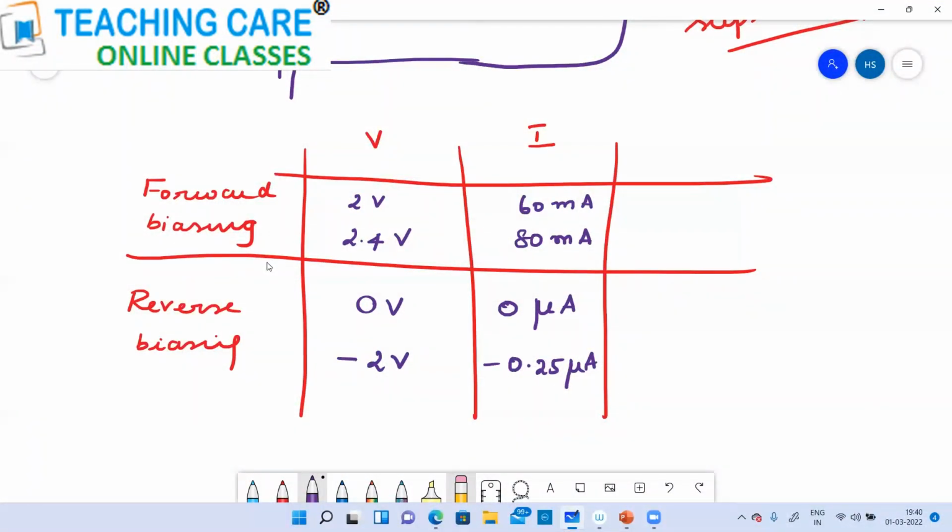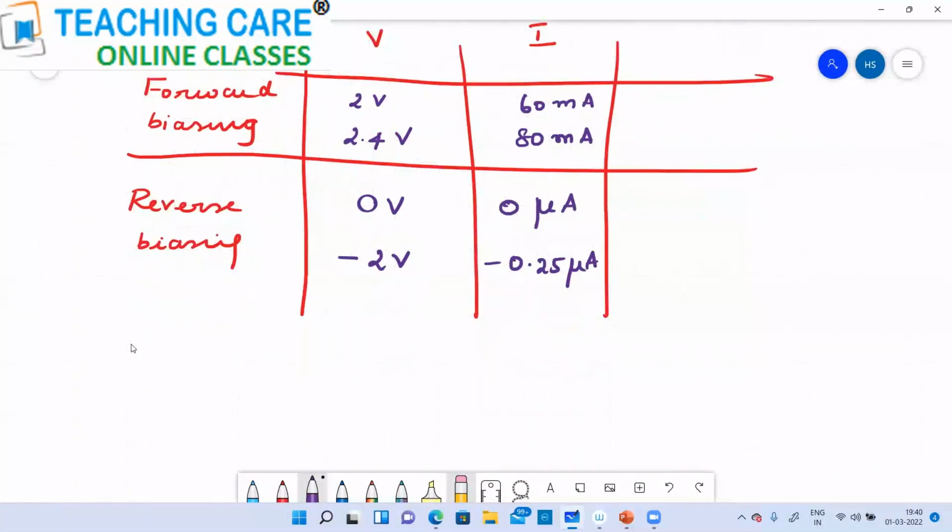So how will you do the first one? Dynamic resistance, forward biasing. I will just do 2.4 minus 2 upon 80 minus 60, but in milliampere, the denominator will do 10 raised to the power minus 3. Yes.